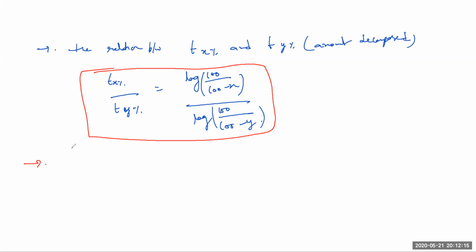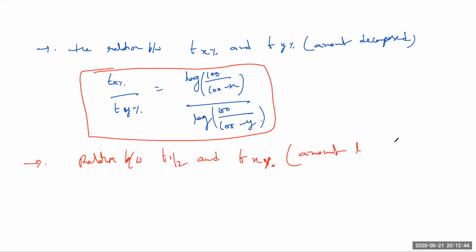So x percentage, y percentage are the percentage of substance decomposed only. Next, relation between T half and Tx percentage, amount left, not decomposed.